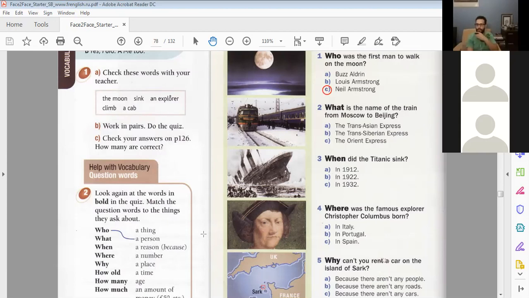What is the name of the train from Moscow to Berlin?